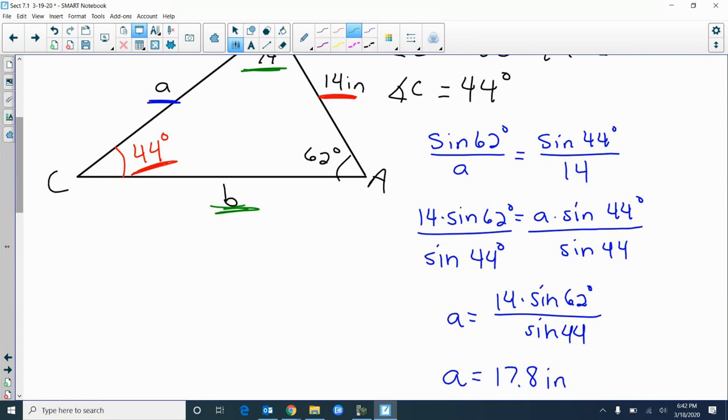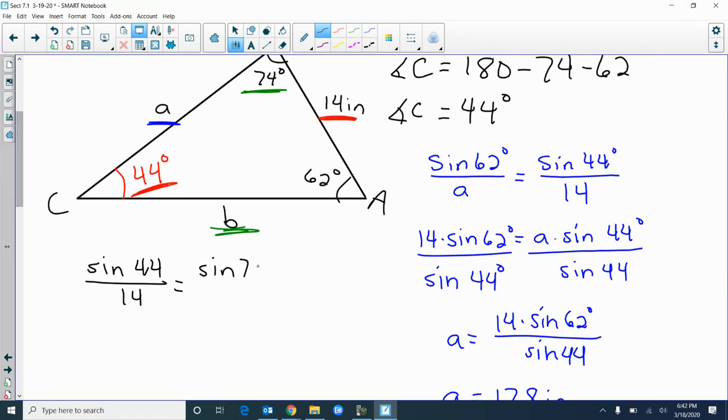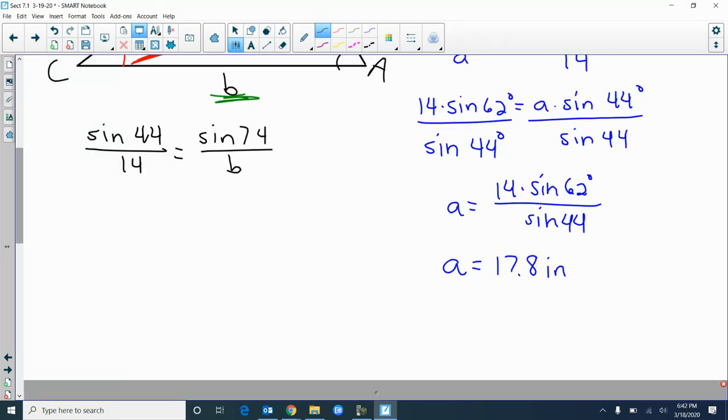So I'm going to set up, in this case, sine of 44 over 14 equals the sine of angle B, which is 74 degrees, over side B. Multiply B times sine of 44 equals 14 times sine of 74. Divide by the sine of 44, sorry.